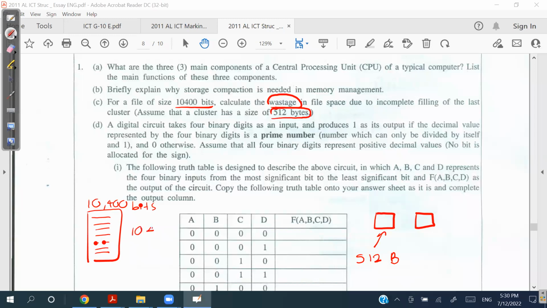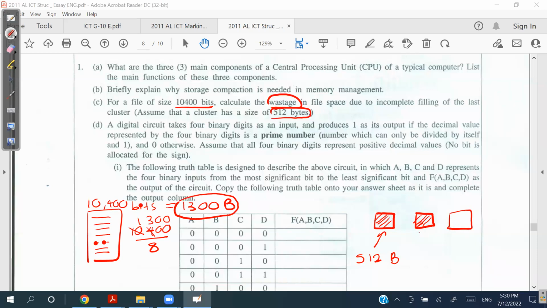So 10,400 divided by 8, it is going to be 1,300 bytes. Right, so to fill 1,300 bytes, you need one 512 and two 512s. That gives you 1,024, and you need another third block.